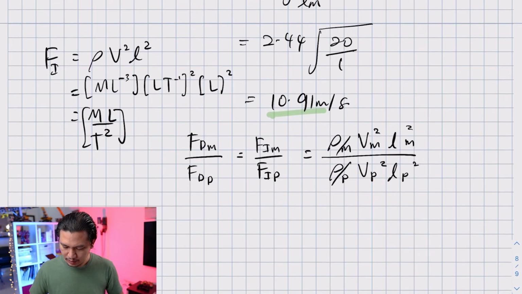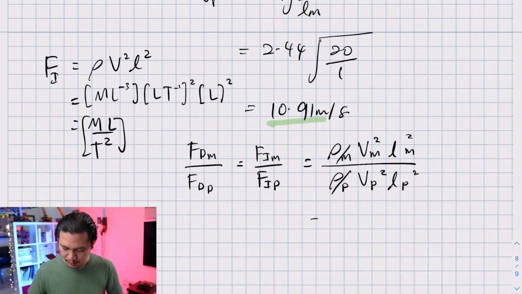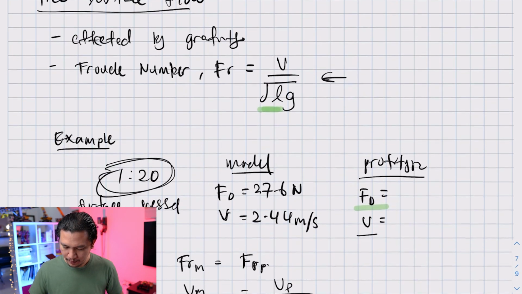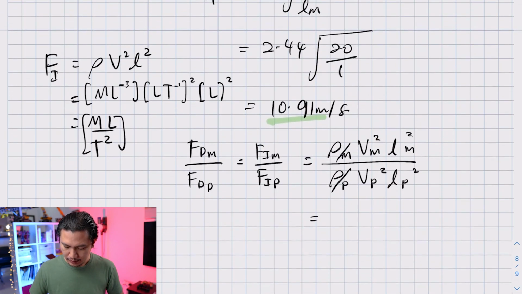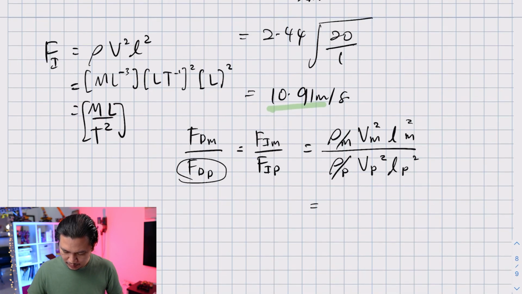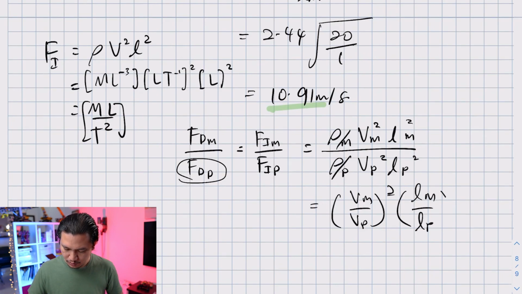Now, do we have the ratio of Vm over Vp? Let me rearrange this. Remember, we are looking for the force of the prototype. Okay, we are looking for this really. So let me arrange this so that it becomes Vm over Vp square times Lm over Lp square.